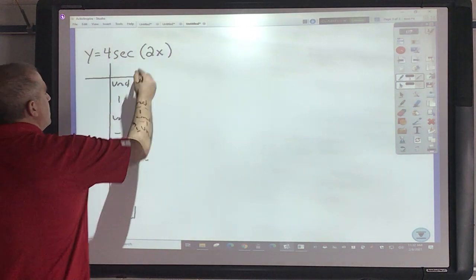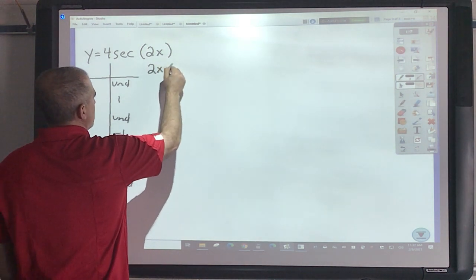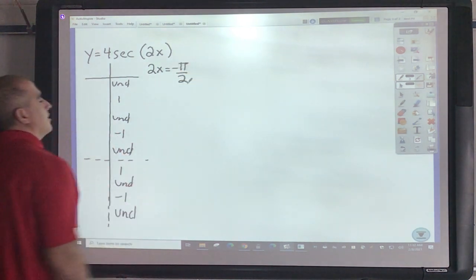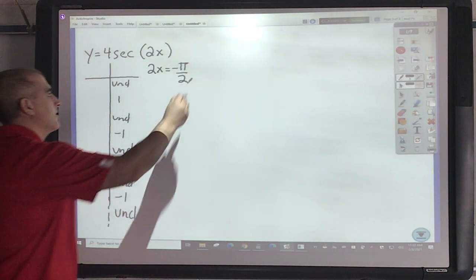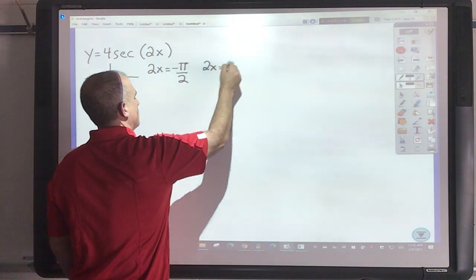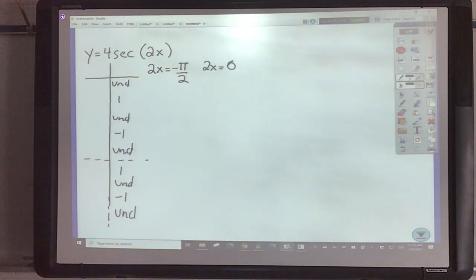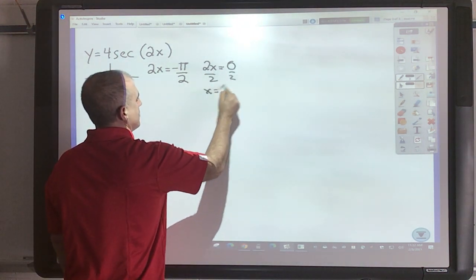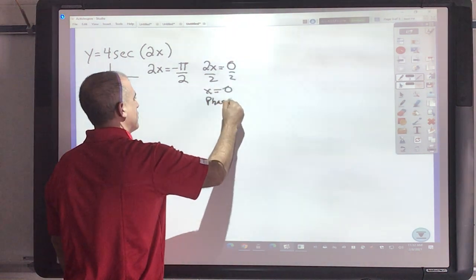Now, what I'm going to do is set this equal to 2 things. I'm going to set it equal to -pi over 2. I'm also going to set it equal to 0. I'll do the simple one first. So this right here is my phase shift.